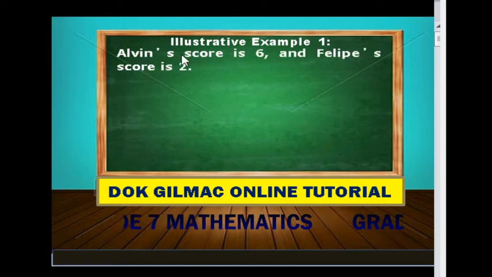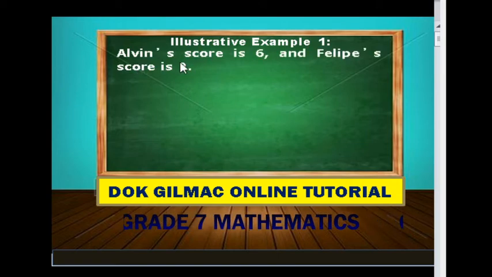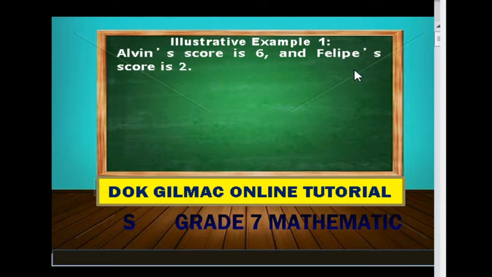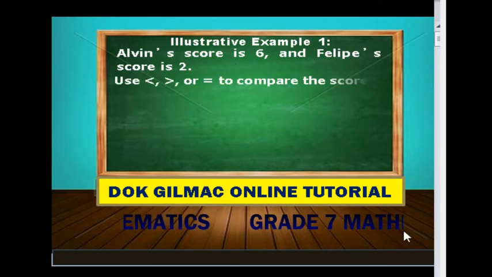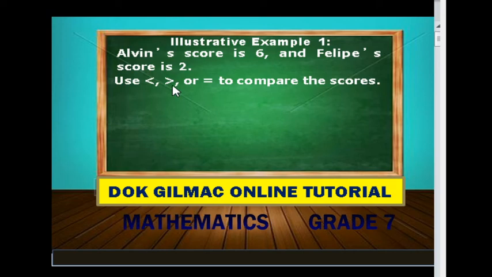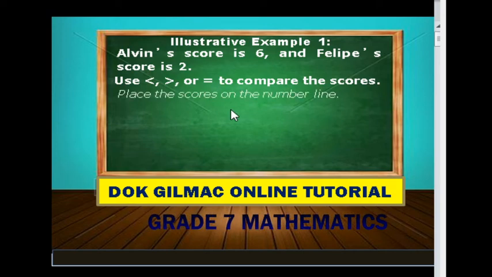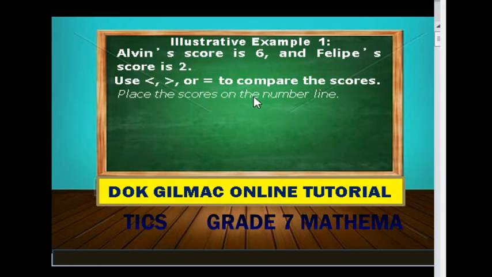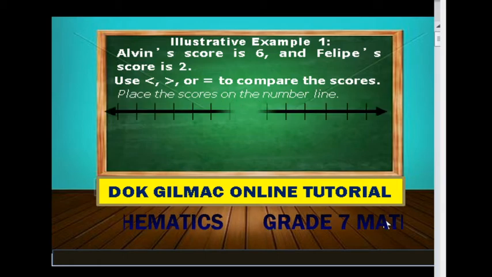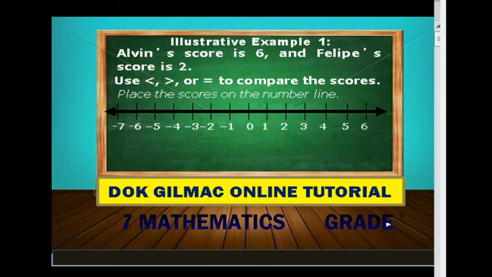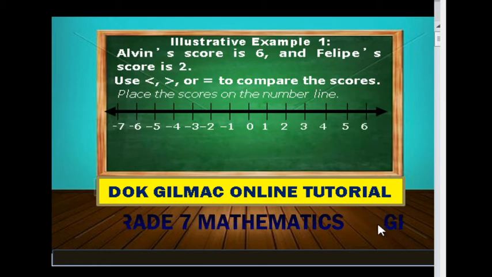Let's have an illustrative example. Alvin's score is 6 and Felipe's score is 2. Use less than, greater than, or equal to compare the scores. Place the scores on the number line. Okay, let's draw a number line from negative 7 to positive 6.